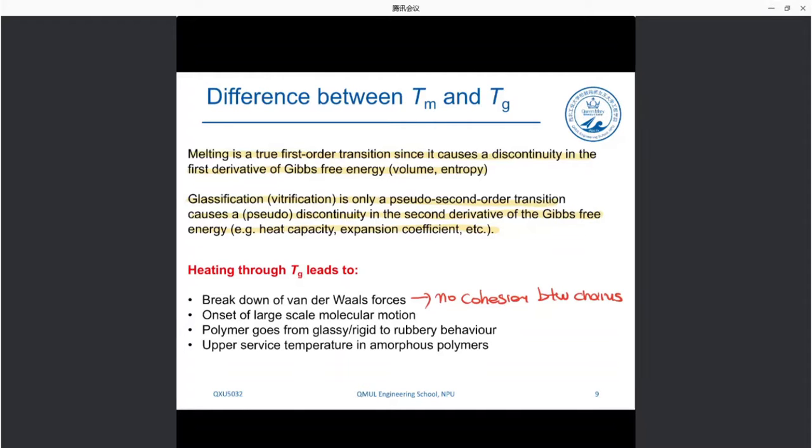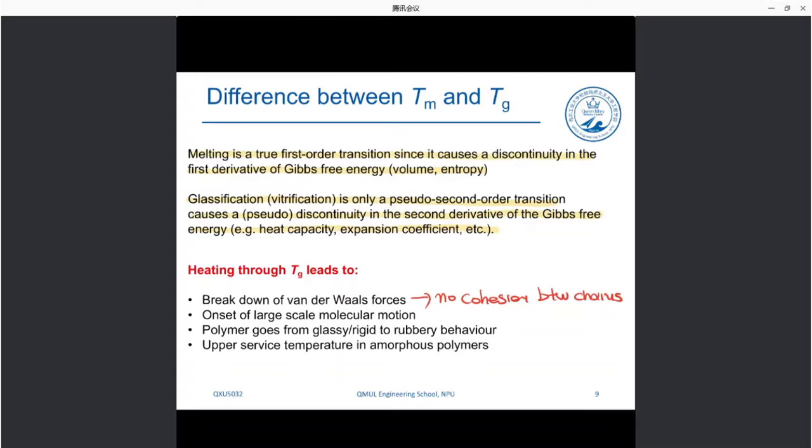Then once we start heating up, we have this onset of large-scale molecular motion. So the chains start moving, they start disentangling themselves, and then they completely disengage from each other. Okay? So heating through Tg, the second important point is that they go through large-scale molecular motion. It is the start of large-scale molecular motion.